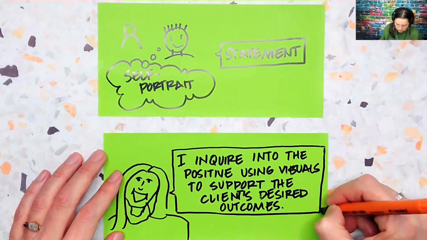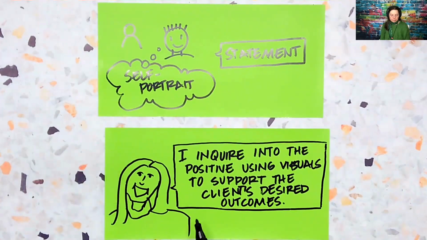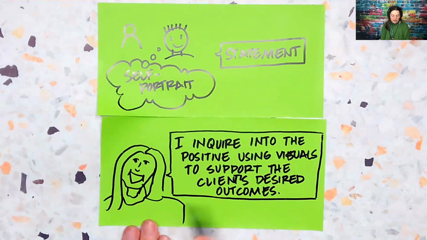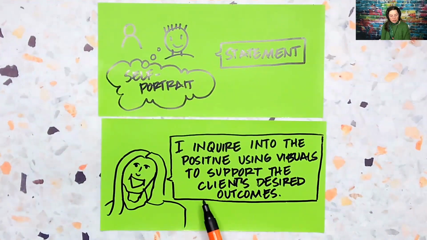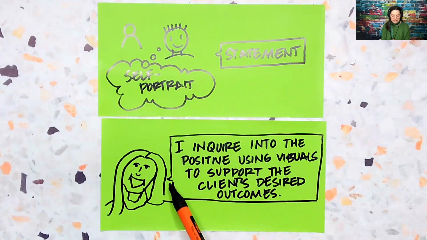And if you're using different colors or different size markers, then I would say, because right now I'm just using all black, I would probably draw myself in black, write my words in black, and then maybe make the speech bubble either in a very, very light color or a smaller marker nib.